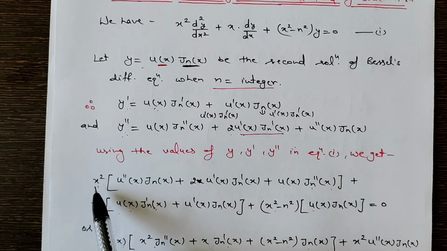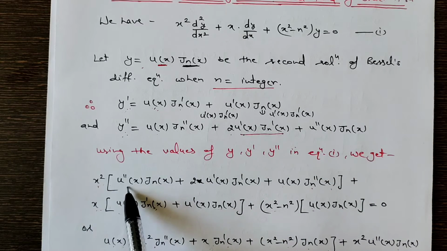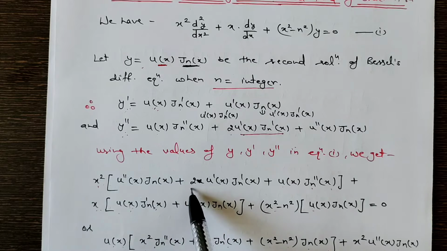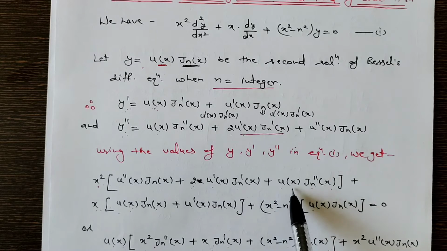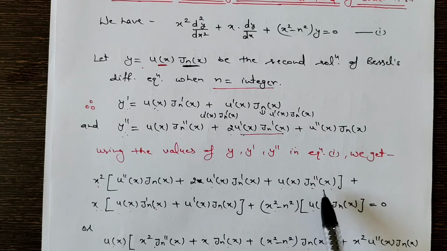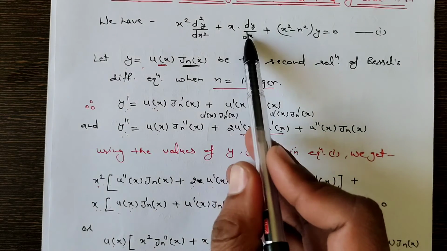So it will be x square times u double prime x into Jnx plus twice of u prime x into J prime x plus ux J double prime x, so that this entire term or expression is the value of y double prime, plus x into dy by dx.